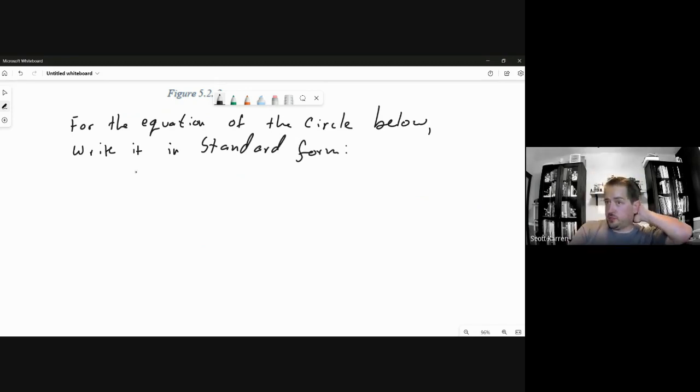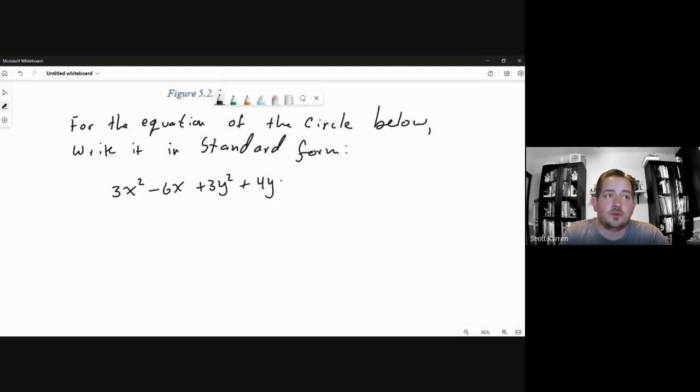So here we're going to be asked to write an equation that's given to us as a standard form of a circle. So let's say we have 3x squared minus 6x plus 3y squared plus 4y minus 4 equals 0.